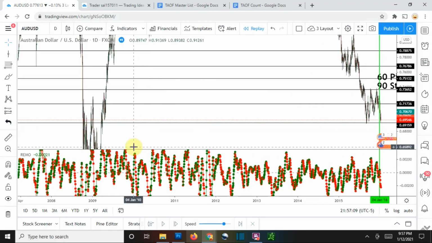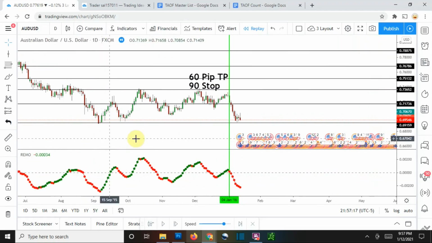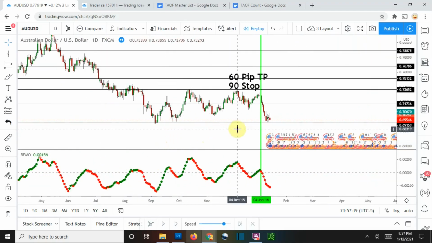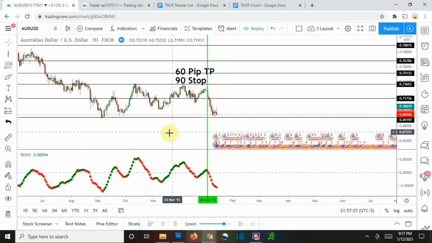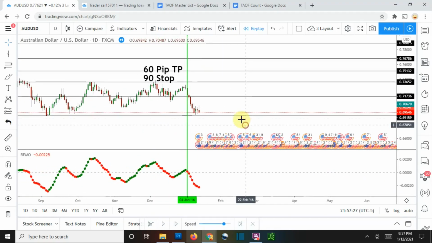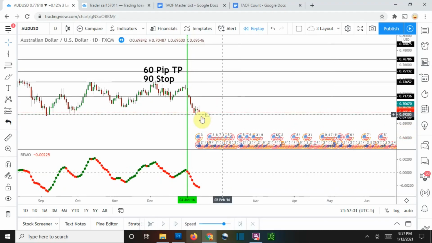If I scroll back as far as I can, you can see back here that in 2008 it was trading down at this level, but it has been a long time up into 2016 here. And so that acts as a rather significant area of support and resistance.